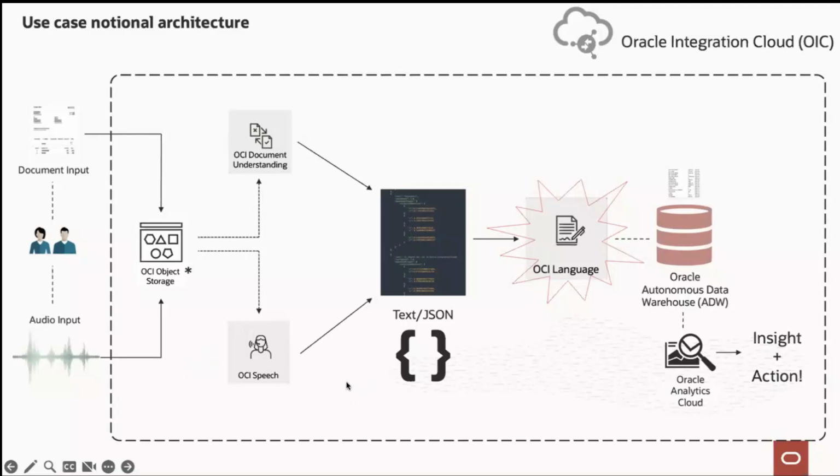But again, in most scenarios where you're doing this analysis at scale, it's likely going to be something asynchronous. So that's why we have object storage here. Anyway, we are ingesting that data through document understanding, OCI Speech, through an API, through a database call, whatever it may be, and we are finally passing that into OCI language.